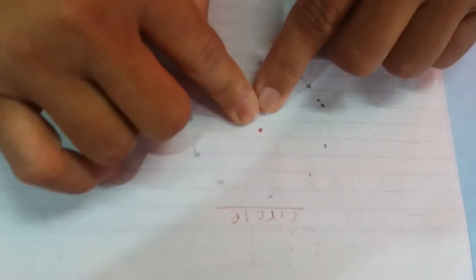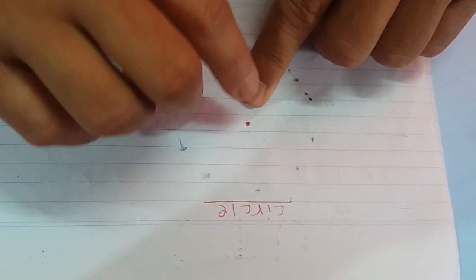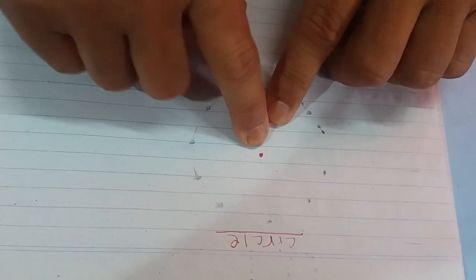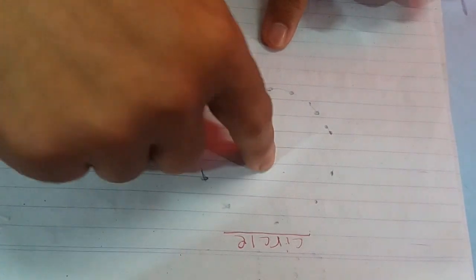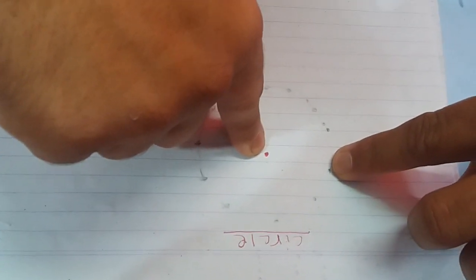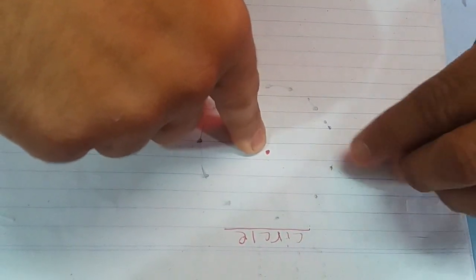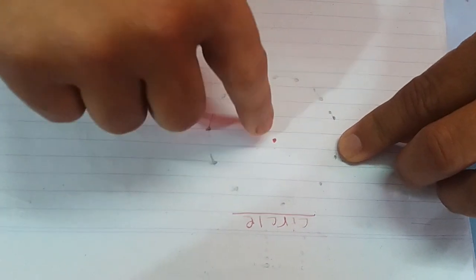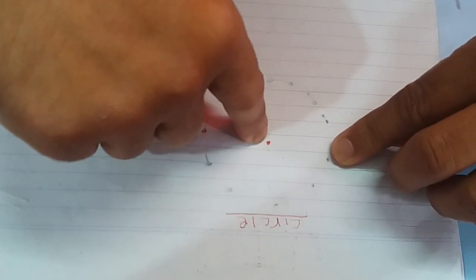Let me explain it through an example. Suppose this red mark, my finger, is a pole, and there is a moving point, like a cow which can move. This is a moving point, and this is a static fixed point.